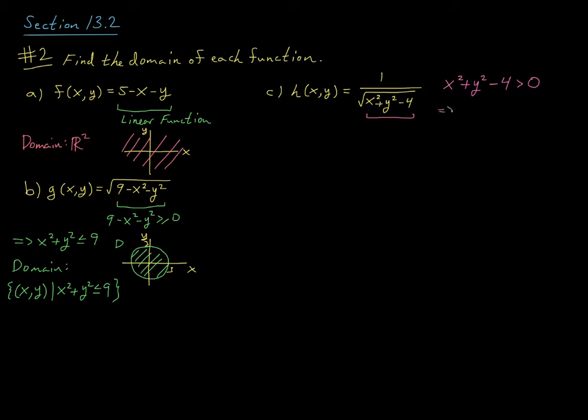Now this is equivalent to saying that x squared plus y squared is going to be strictly greater than 4. So what is this describing? Well, if x squared plus y squared were equal to 4, that would be a circle of radius 2. But since this inequality is strict, I drew that circle as a dashed line.